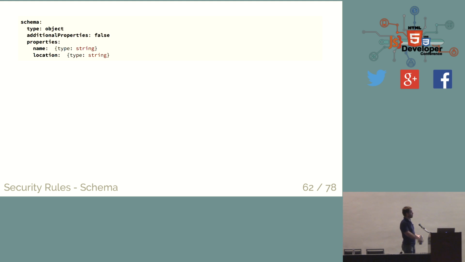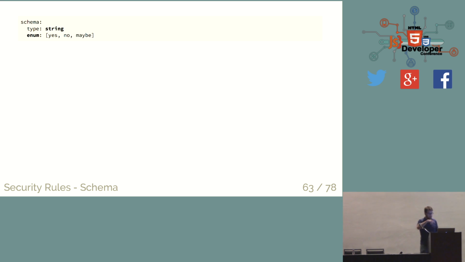So if I included a first name and a last name or whatever, the client would fail to write if it had a schema like this. And there's all kinds of different types, and so there's enums. You can say you can only have particular values. You can say that it is a number and it has some number range. And if you've worked with schemas like this much, they tend to sort of get bigger and bigger.